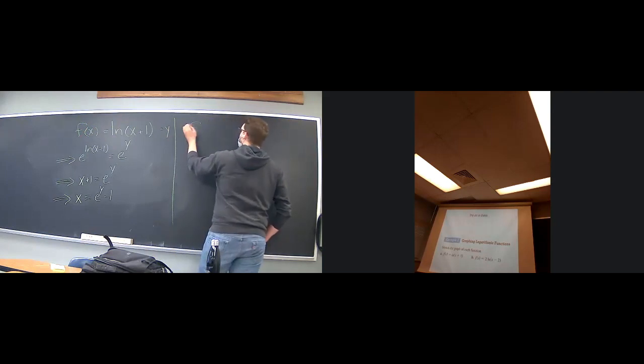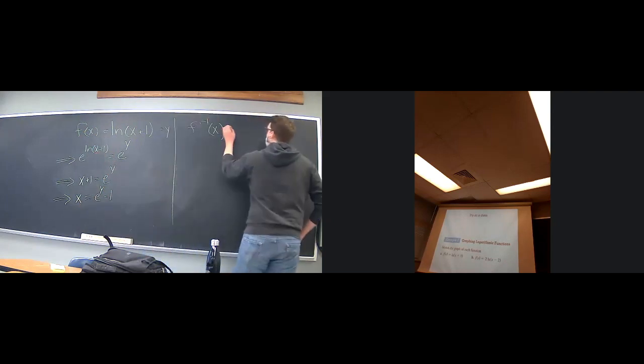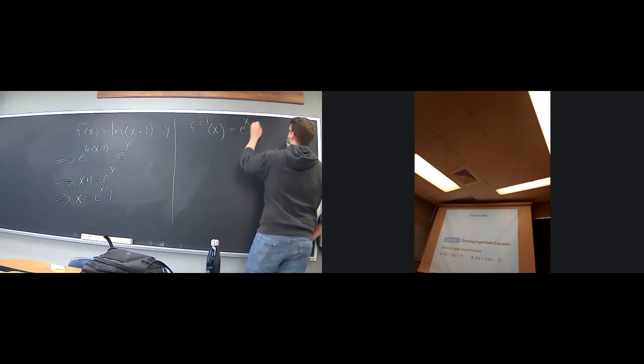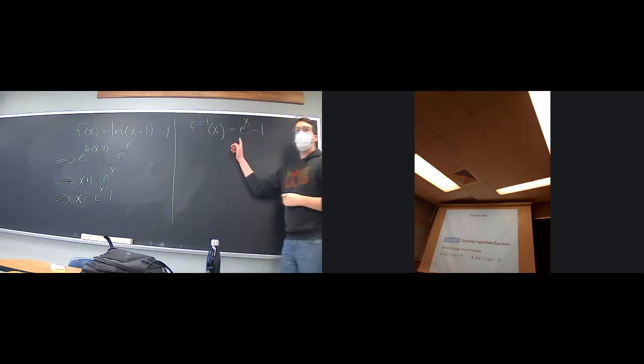So our inverse function is going to be this, but we're going to flip our x's and our y's, right? We're going to swap them out. Now this thing, we know how to graph.